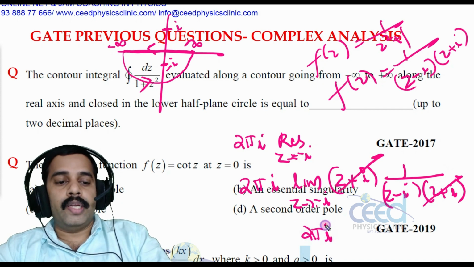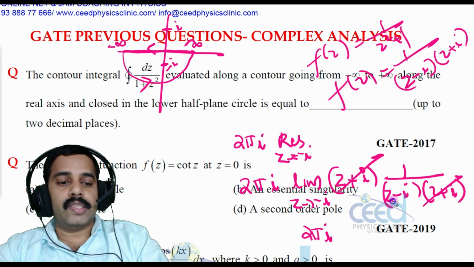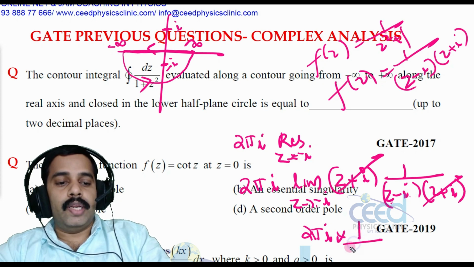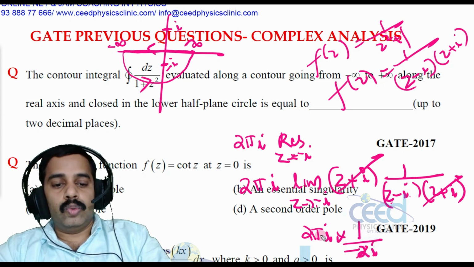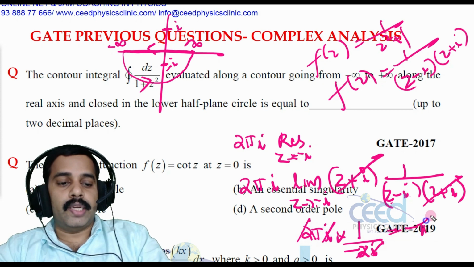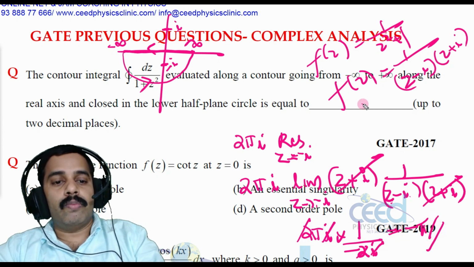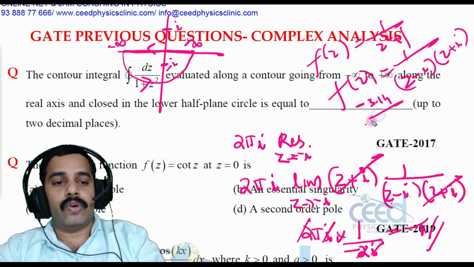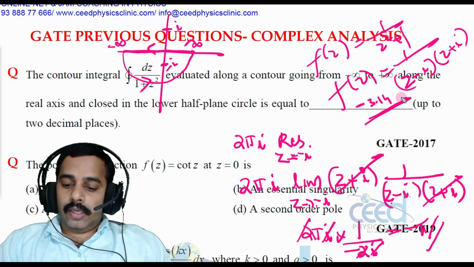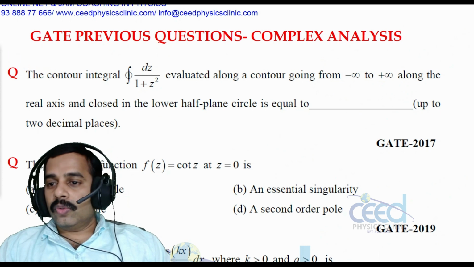That is 2 pi i into, I can substitute minus i here, so 1 by minus 2i. So 2 cancels and i cancels. So what is the answer? Minus pi, which is equal to minus 3.14. All right. Now let us go to another question.